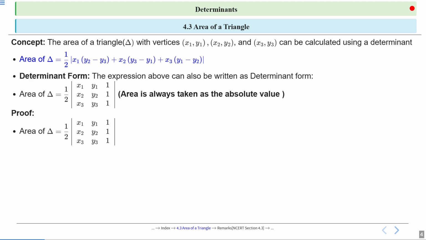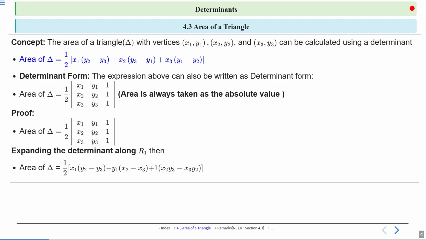So the proof is, area of triangle is equal to 1 by 2 into the determinant of the matrix of order 3 cross 3 whose rows are x1 y1 1, x2 y2 1, x3 y3 1. Expanding the determinant along row r1, we know how we expand.